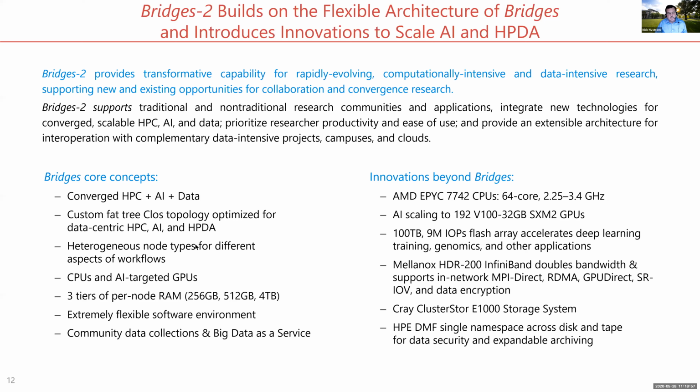This complements machines like Frontera, and it provides really unique capability. Having heterogeneous node types, you can combine different kinds of nodes in workflows. Having a GPU sector that is really built for AI from the ground up. This is designed to be stronger than what people generally have in their research clusters. Having multiple tiers of memory, an extremely flexible software environment, and focusing on community data.